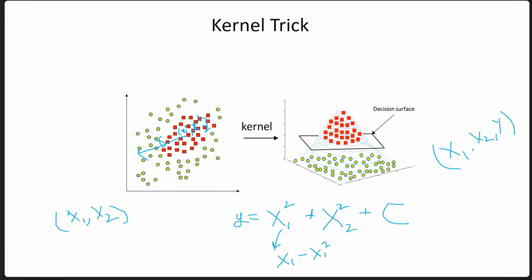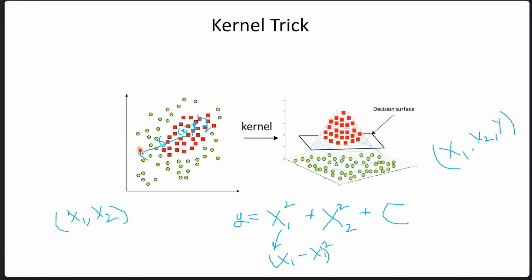But still the nature is circular. The same goes for x2. So it's basically x1 minus x1 dash and x2 minus x2 dash plus c. And when you apply this equation and plot the data in 3D, you'll basically get this graph.